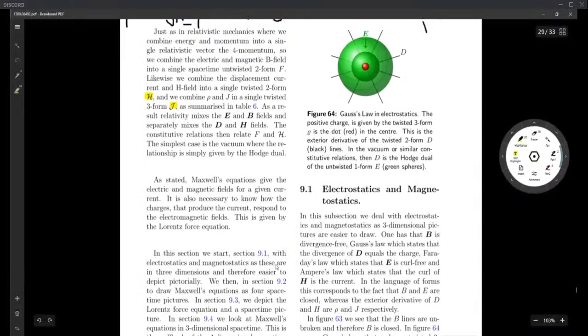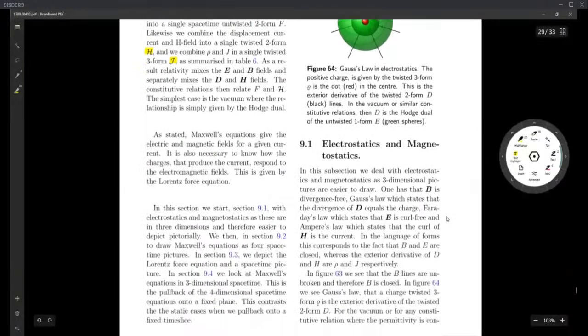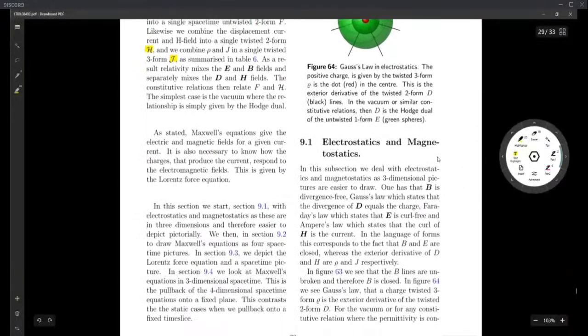And obviously, we'll start with electrostatics and magnetostatics. Gauss's law basically states that the divergence of D is given by rho, or in an alternate notation, as we saw earlier, the divergence of E is equal to rho by epsilon naught, right?